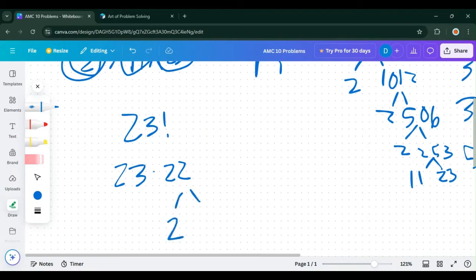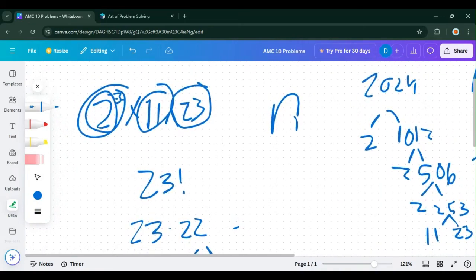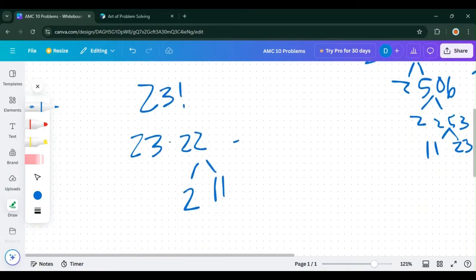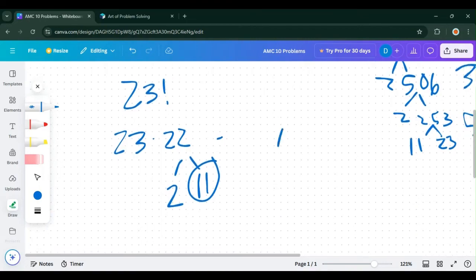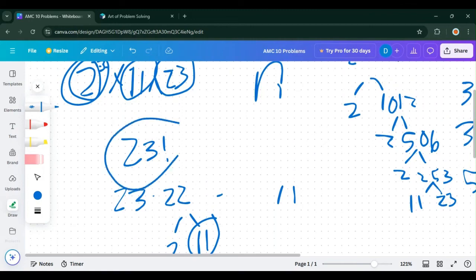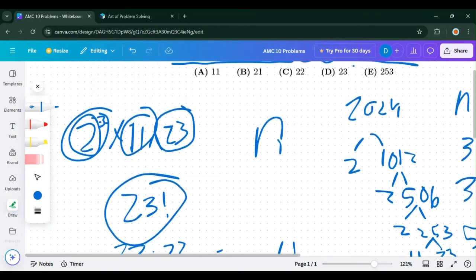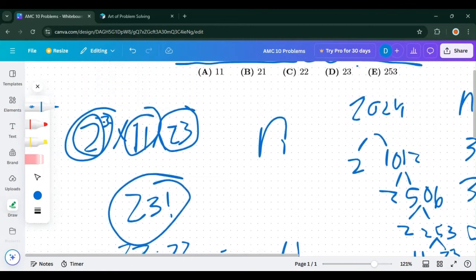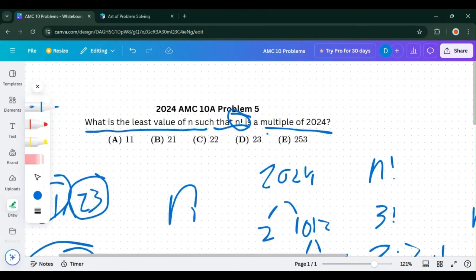Because see, we even have the 2 right here, 2 times 11. And then we have multiple 2s multiplied together. And then we have 11. As you see here, in the factorization of 22, we also have 11. So this number is most definitely a multiple of all 3 numbers combined, multiplied together, and the answer is D.